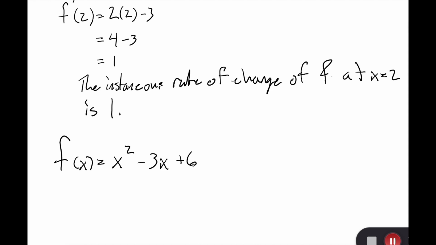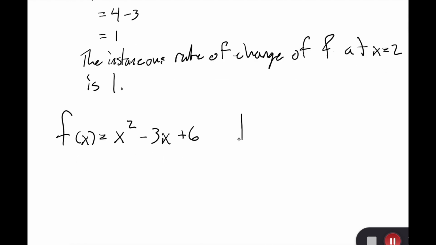This problem here should take you no more than about 30 seconds. You should easily be able to look at this, right? Or if we wanted, say, from here we could say that f prime of x is 2x minus 3.